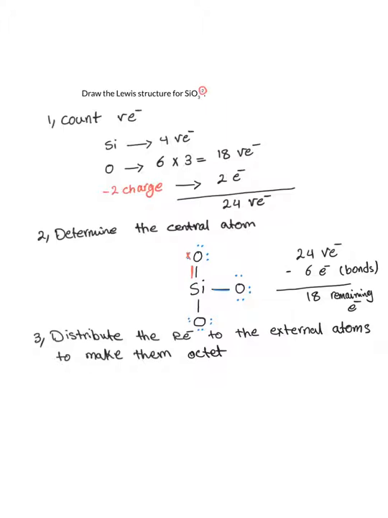So this oxygen only shared the electrons with the central atom, so it is still happy, an octet. Now, if you count the electrons around the central atom, we have 2, 4, 6, 8 electrons. The central atom is also octet.